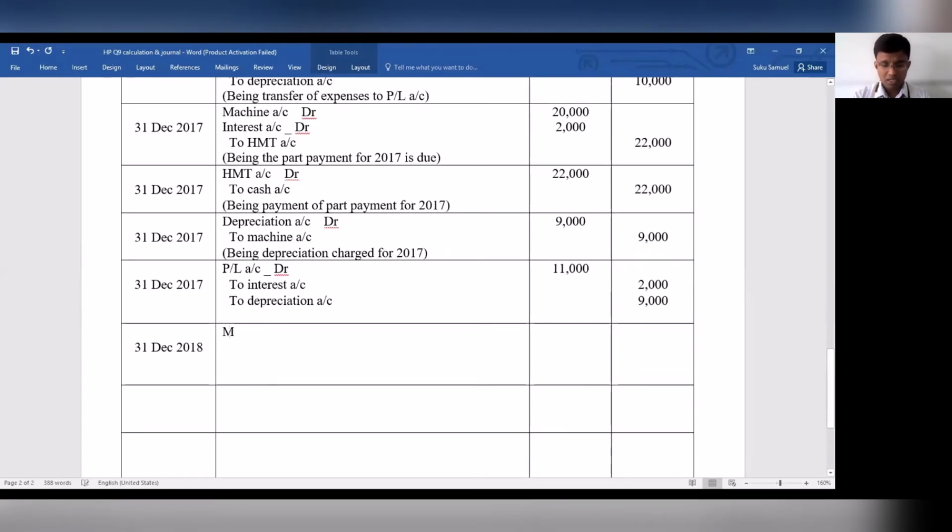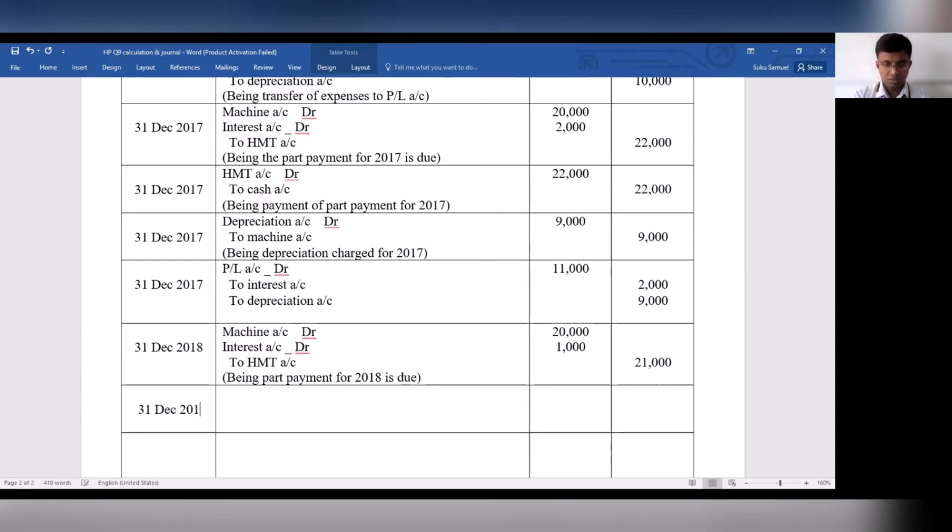We would show that by machine account debited, amount is 20,000, interest account debited 1,000, to HMT account 21,000. Being the part payment for 2018 is due.